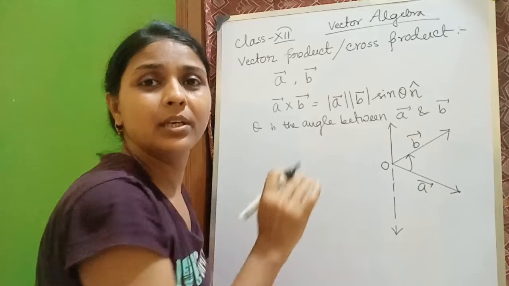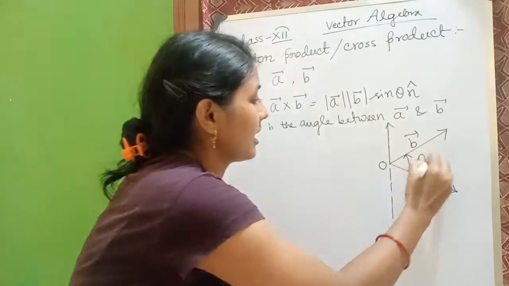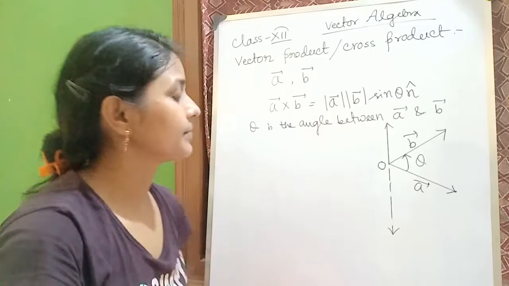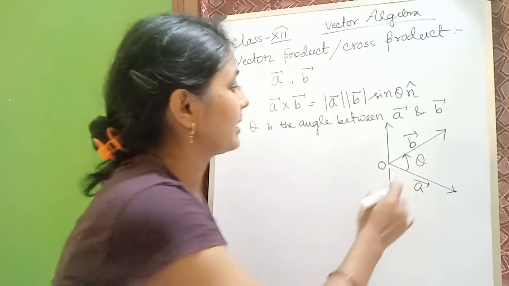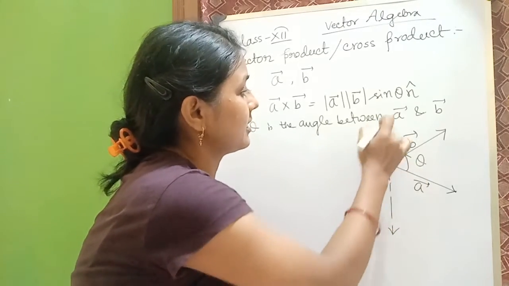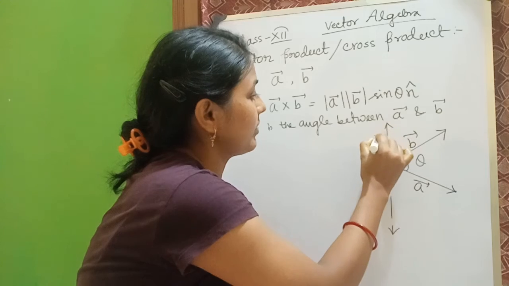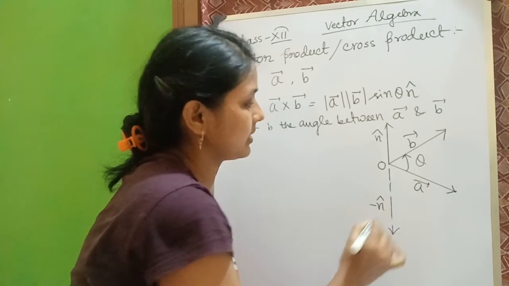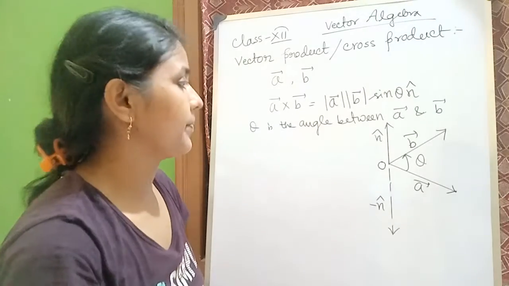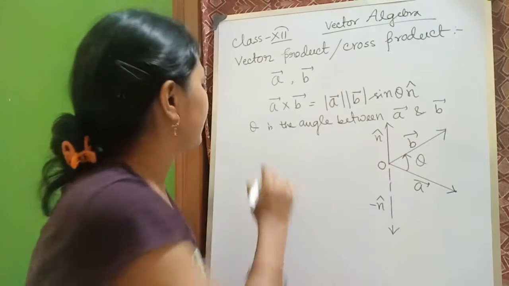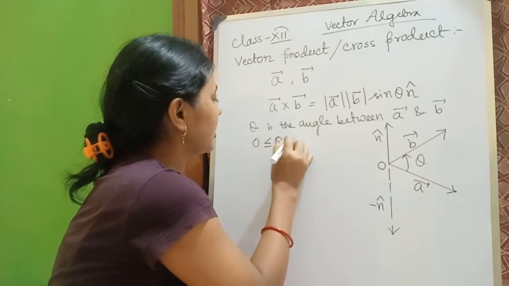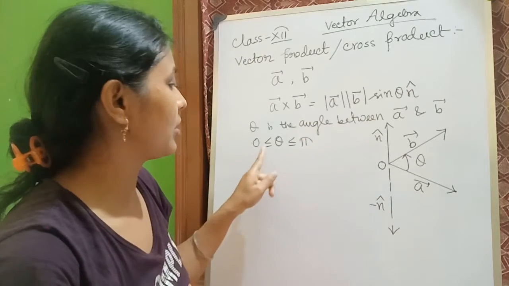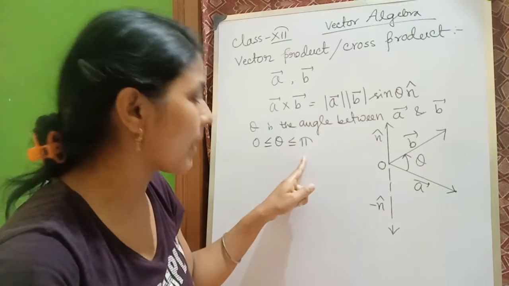From A to B, the angle is theta, and this side the unit vector is n cap and this side the unit vector is minus n cap. Now this theta is in the range 0 less than or equal to theta less than or equal to pi.